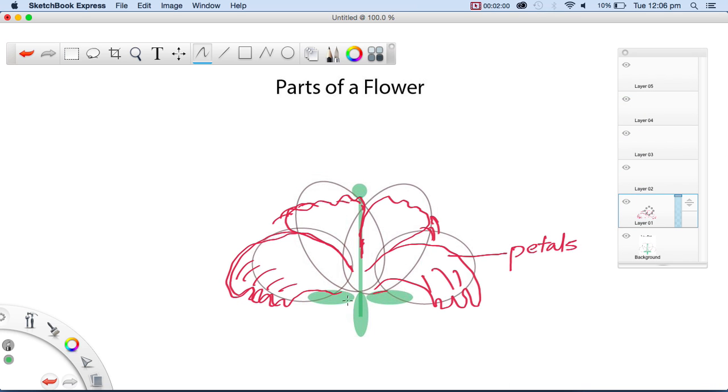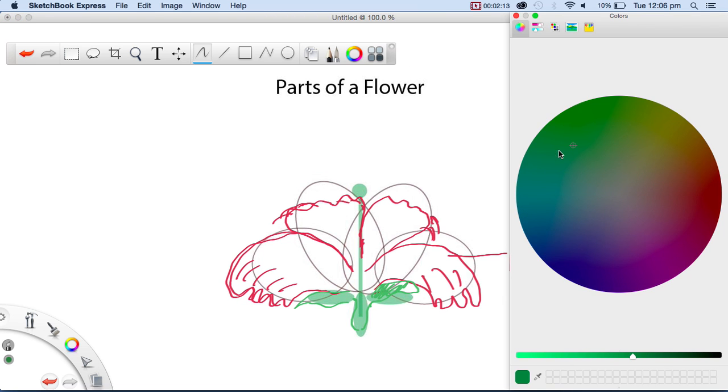And then we have the sepals. The green things that hold the petal, they hold it at the base.